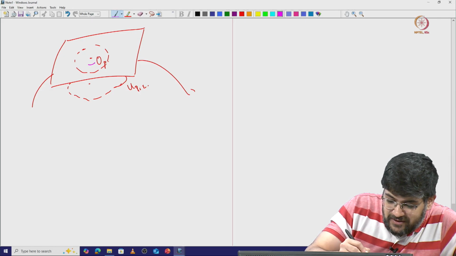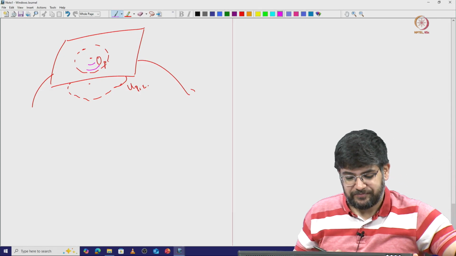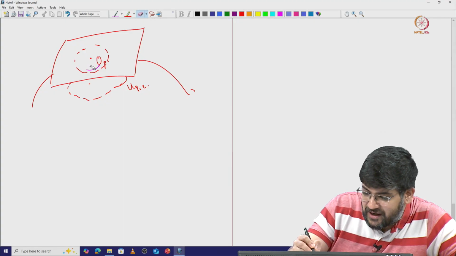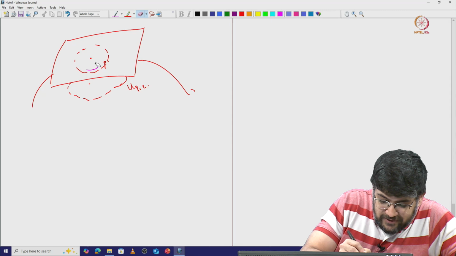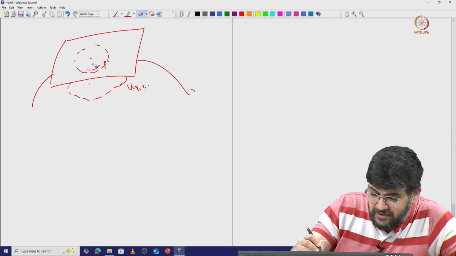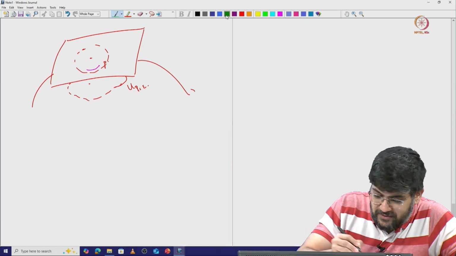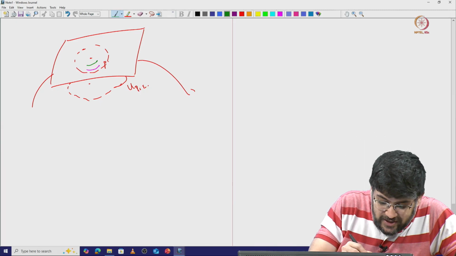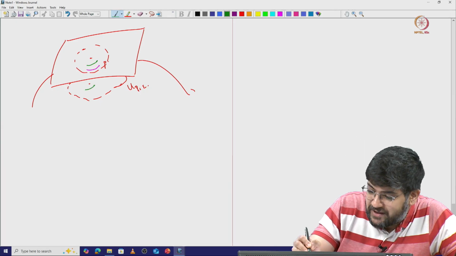Okay. So maybe I'll draw the inner shell with a sort of green color. Oh, sorry. And the outer shell with a pink color. So here you correspondingly have these.